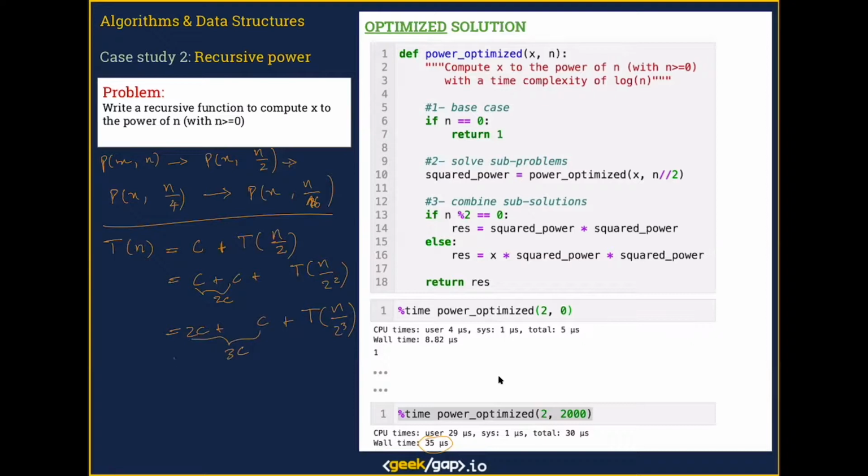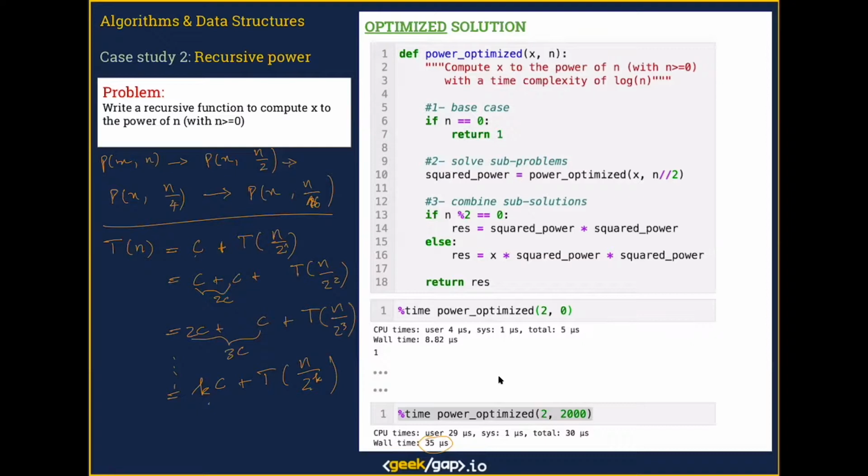If you follow these steps, so on and so forth, what you get is kc plus T of n divided by 2 to the power of k, right? You just follow the steps: c plus T of n over 2, 2c plus T of n over 2 squared, 3c plus T of n over 2 cubed, and kc plus T of n over 2 to the power of k.